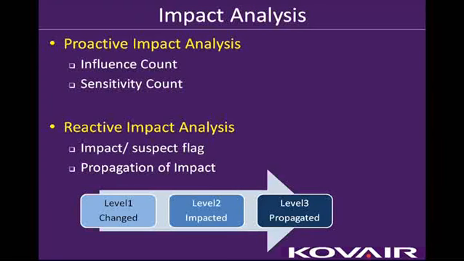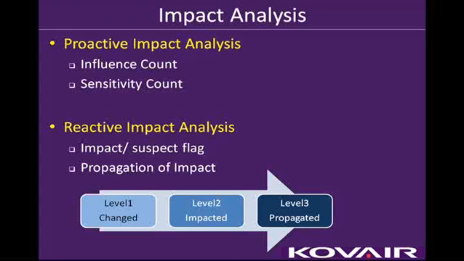The proactive impact analysis allows you to see, before you make a change, what the impact of that change will be. And that is done by influence count. Influence count is basically how many other items are being influenced by this particular requirement. That will give you a very good indication of how many other items will change if I change this requirement.